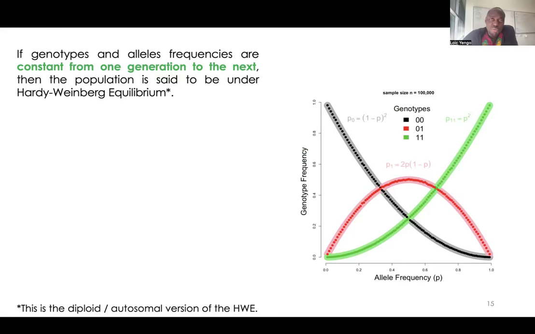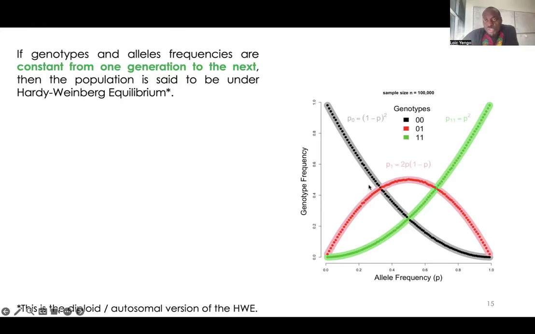The Hardy-Weinberg equilibrium predicts that the genotype frequency of the 11 is essentially p squared, so p multiplied by itself. The frequency of the 00 genotype can be predicted by (1 minus p) squared, essentially the frequency of the other allele squared. So far it's very symmetrical. And we can also predict the frequency of the heterozygotes by 2p(1 minus p).